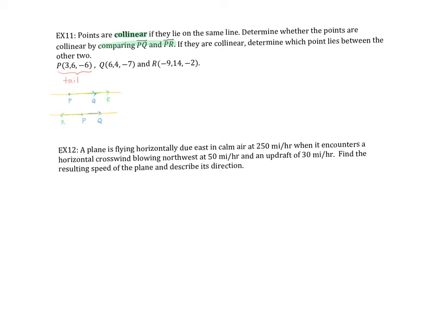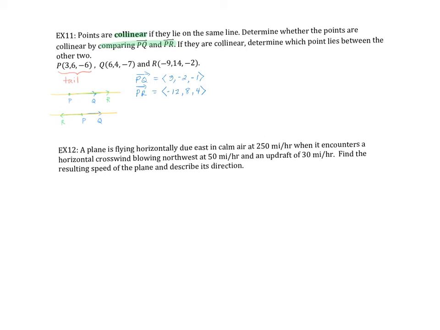So the first thing I want to do is look at these two vectors and first compute them. The vector PQ is going to be equal to Q minus P. So Q minus P is going to give me 3, negative 2, negative 1. And then when I look at PR and do R minus P, I get negative 12, 8, and 4.